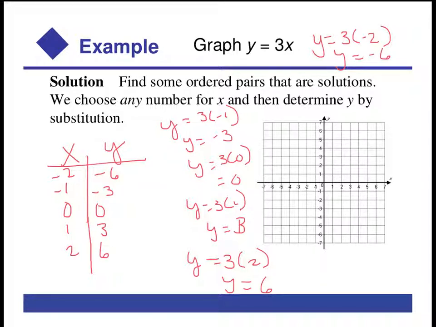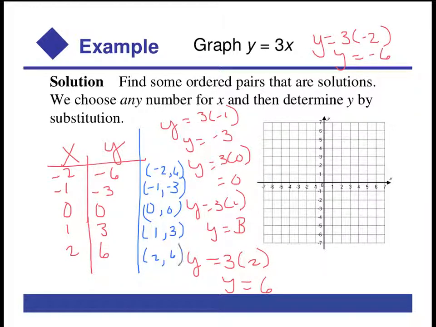So now we're going to plot these and see how it works out, because we've created ordered pairs. Let's look at our ordered pairs. We get (-2, -6), (-1, -3), (0, 0), (+1, +3), and (+2, +6).